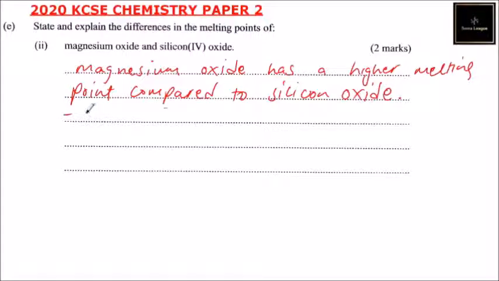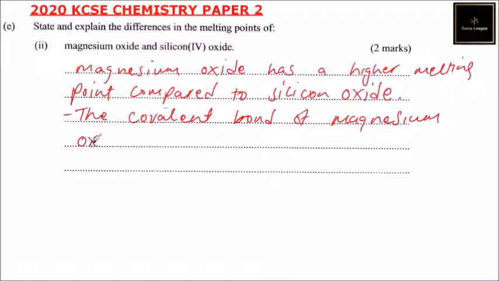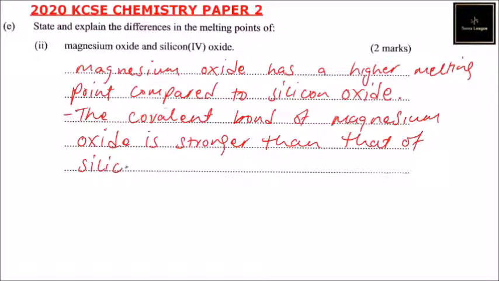This is because the bond of magnesium oxide is stronger than that of silicon oxide. So by answering that, you should be able to get 2 marks.